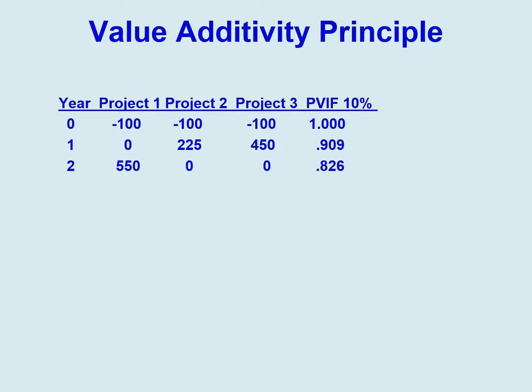And then in the last column there, I have your present value interest factors at 10%. So let's take each of those projects and calculate the net present value at 10% for projects 1, 2, and 3, and also the internal rate of return for projects 1, 2, and 3.